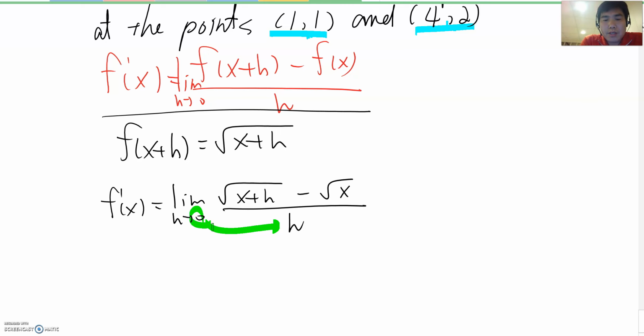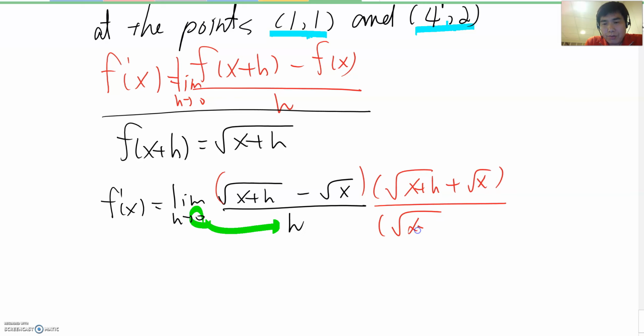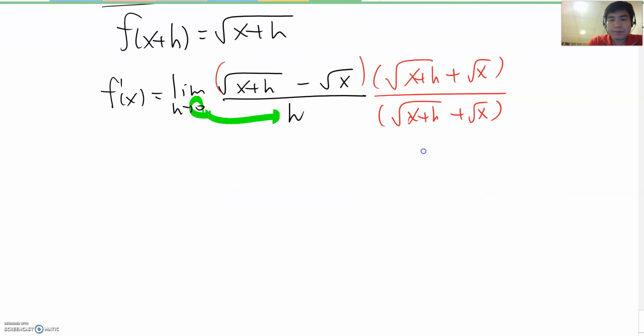In this case, we multiply by the conjugate of the numerator expression and simplify again, so that the denominator wouldn't be 0 anymore. So multiply by the conjugate, root of x plus h plus root x, on both numerator and denominator.